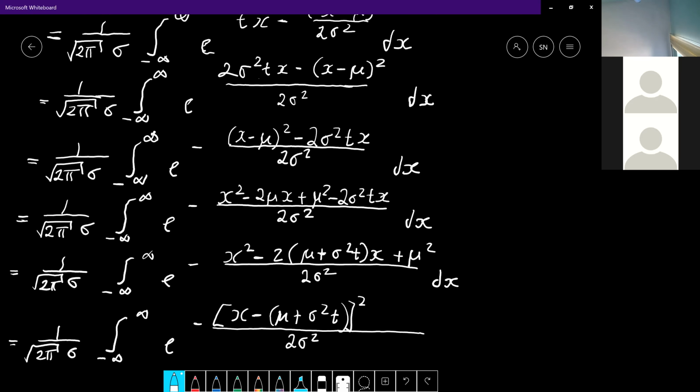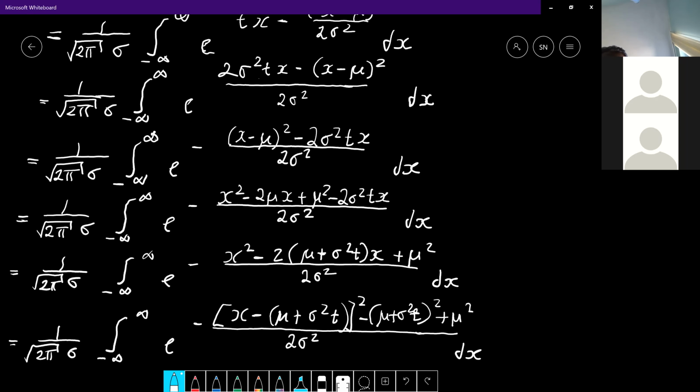Because you're introducing an additional term, which is the third term, you need to subtract that, plus mu squared. Do you follow what I'm saying?